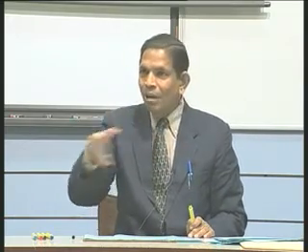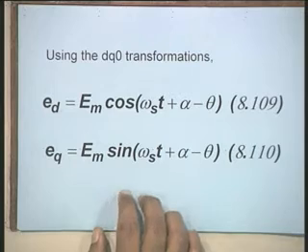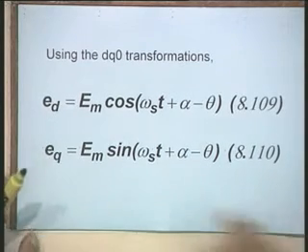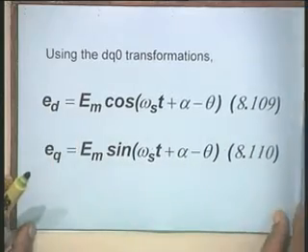When you put the column vector of EA, EB, and EC into the transformation matrix, you will find that these trigonometrical terms have to be multiplied with the elements of the transformation matrix, and finally, to come to this result, you may have to use a number of trigonometrical identities, and the final result is going to be in this form.